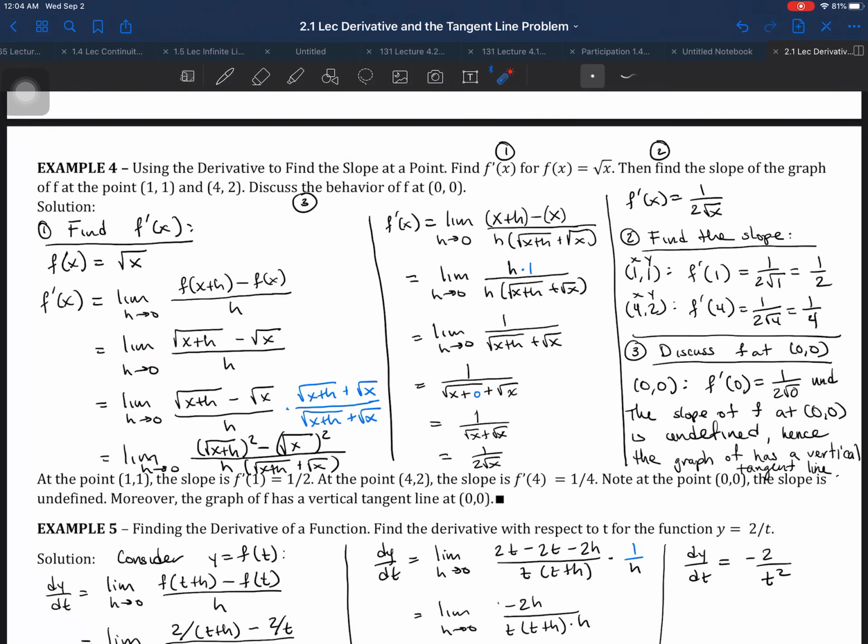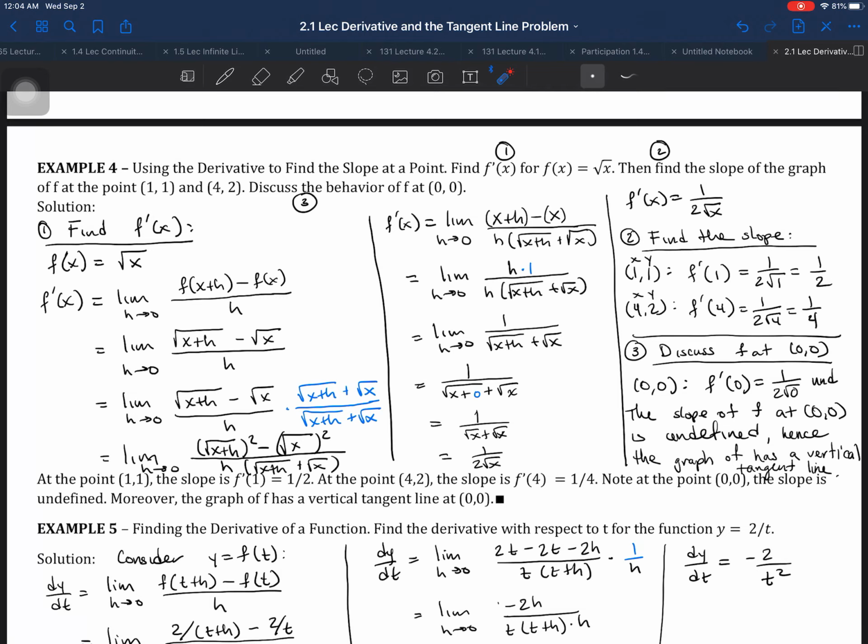And then I'm going to replace this with the function. That's your function right there, minus, and then replace x with x plus h, all over h. Now the technique when you're dealing with radicals is similar to what you did in college algebra when you were trying to rationalize the denominator or the numerator.